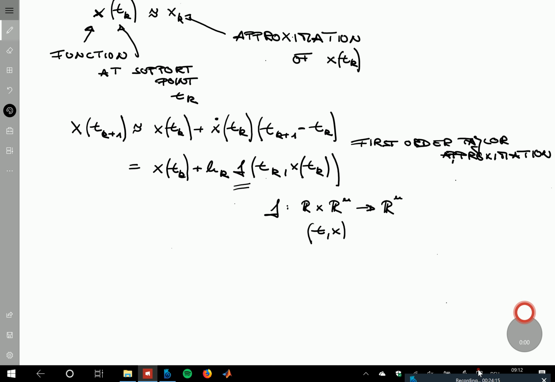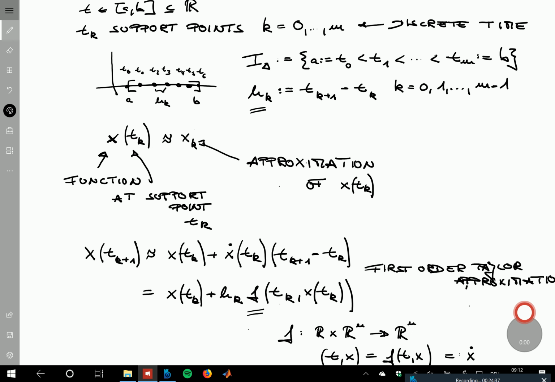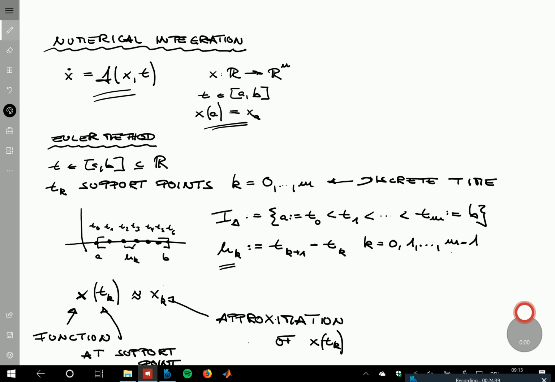So this is what you have to program in real data analysis or real programming. And that's relatively straightforward because you're given this function explicitly with your initial value problem.